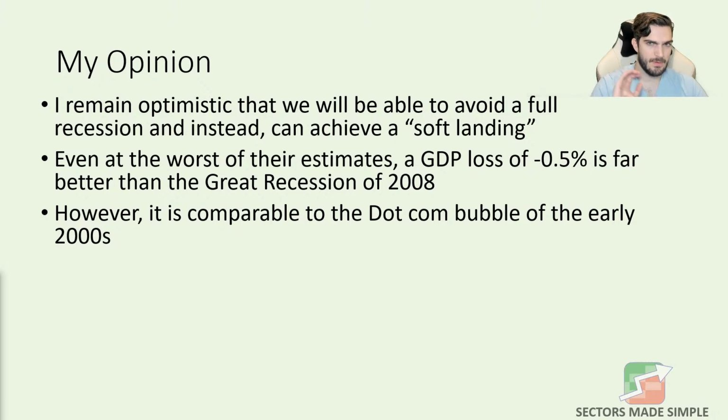So the biggest benefit that I see is the fact that GDP is not expected to tank, and there is a decent probability that we are able to weather this without significant damage.